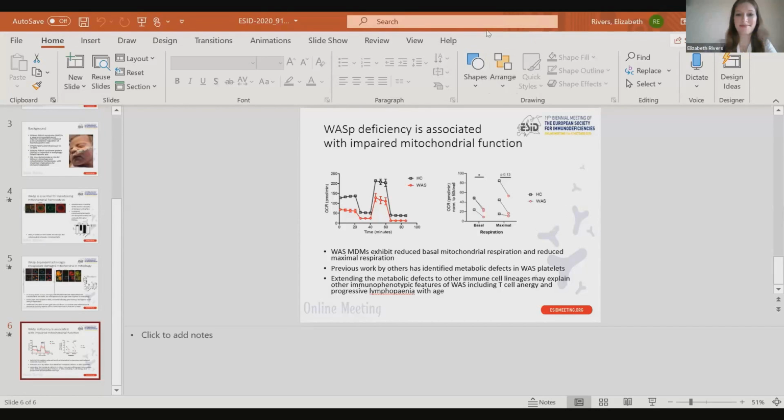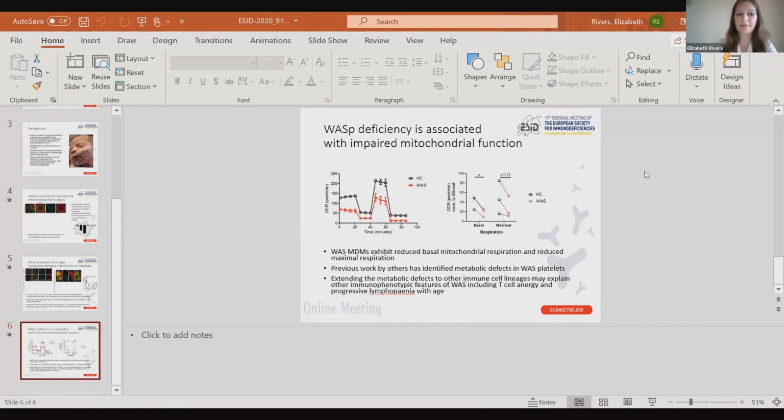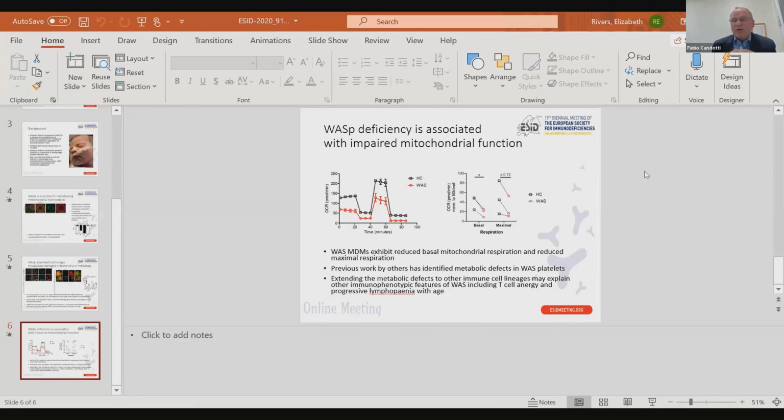There's a question, and Bodo asks if you have any data on Treg numbers and function in Wiskott. No, we don't have sufficient data to make a comment about Treg cell numbers, as far as I'm aware. In Wiskott disease, we know that there are normal numbers of Tregs, but a reduced functional activity of those cells.